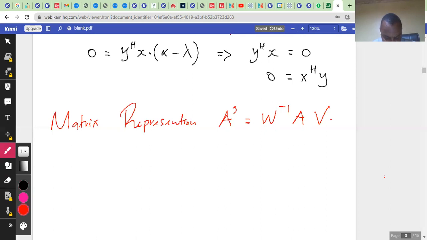And how did they get V? Oh, the standard basis. V is S1, and W is the other standard basis.